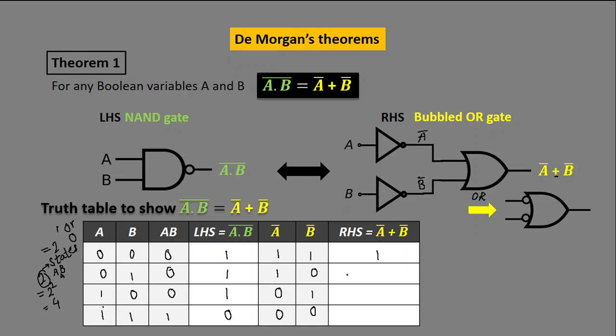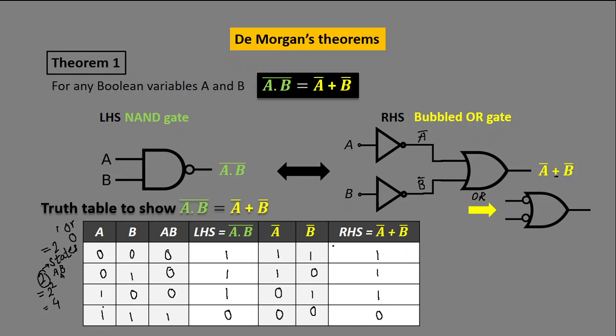Here 1 0, one input is present, so it will be 1. Here it will be 1. And here both inputs are 0, and when both inputs of an OR gate are 0, the output will be 0. Realize that the LHS column and the RHS column are both the same.